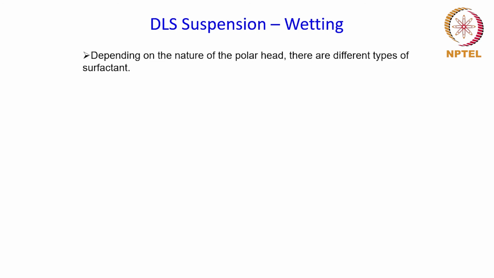But before we come to that, let me also tell you that there are different types of surfactant. Depending on the nature of the polar head, there are primarily 4 types. These are as follows. Non-ionic, where there is no charge in the polar head.